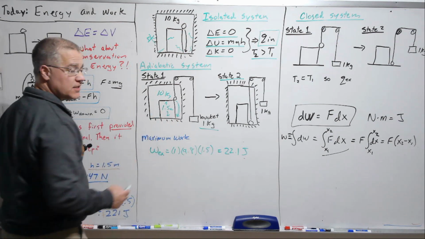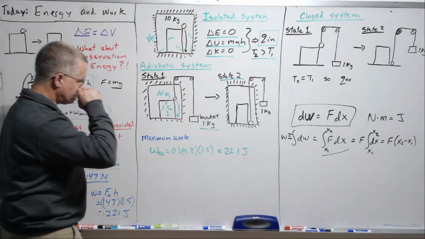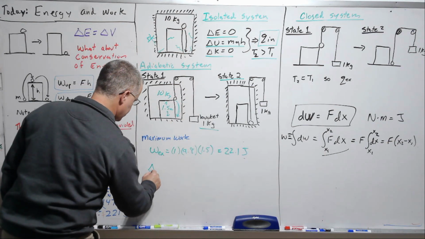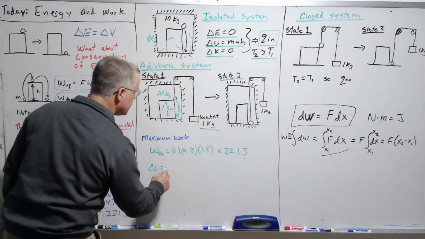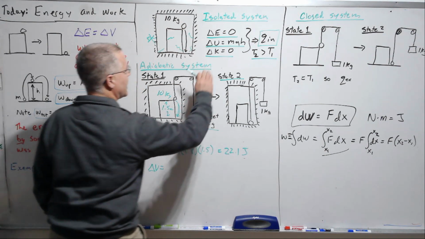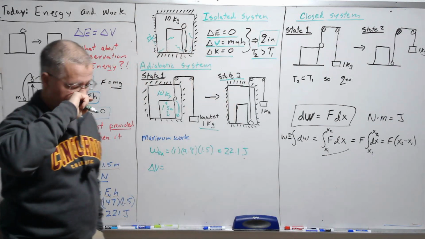Now, what happened internally? This has fallen spontaneously, and if we look at the change in potential energy, delta potential energy V, we're going to go back and forth here, and I'll probably make this mistake a lot.